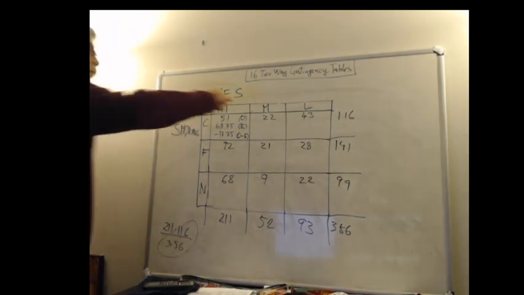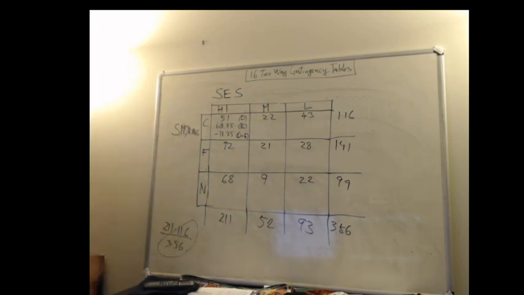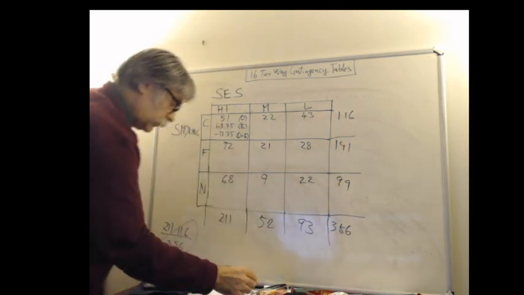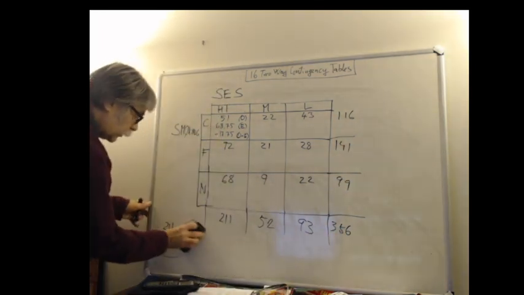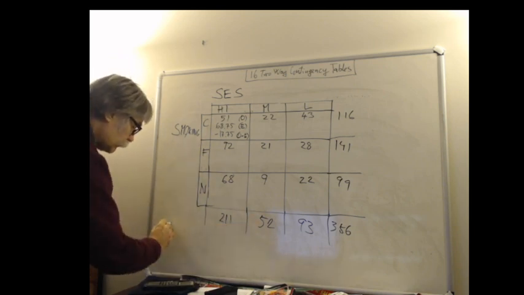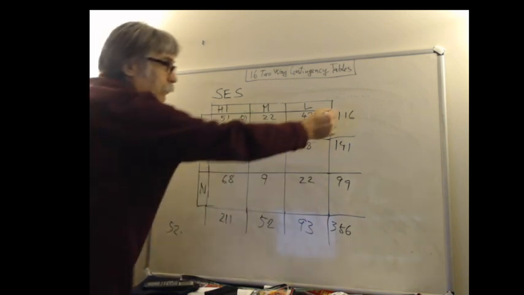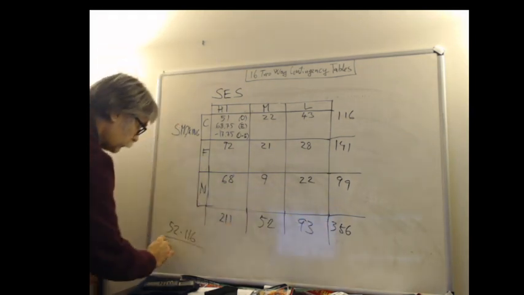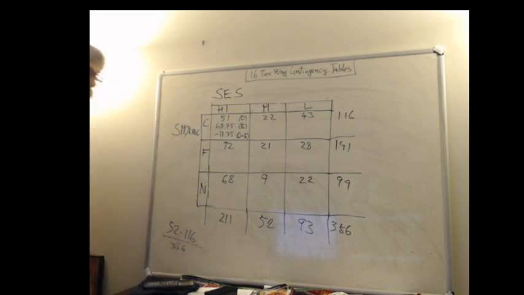Okay, here I have 22. The expected value will be 52 times 116 divided by 356. So it goes marginal times marginal divided by the total. Now I just need to calculate with the calculator.